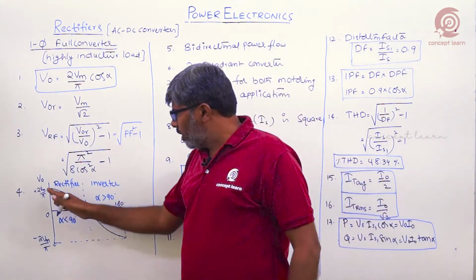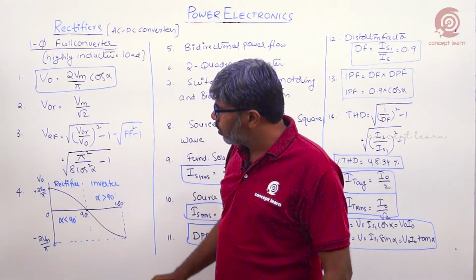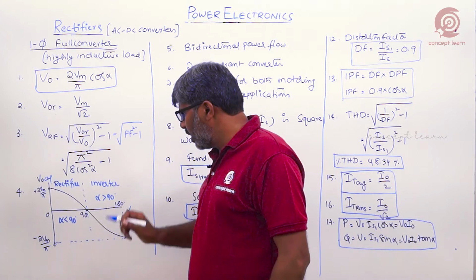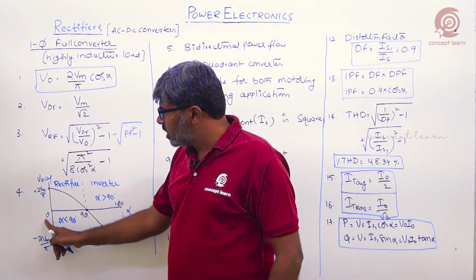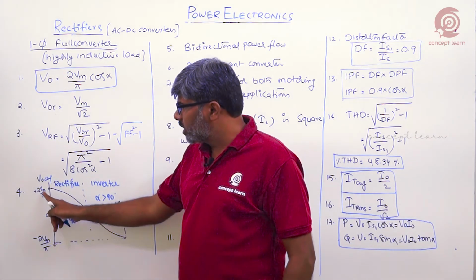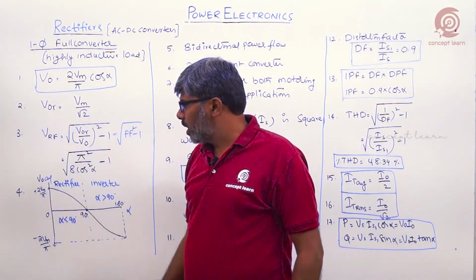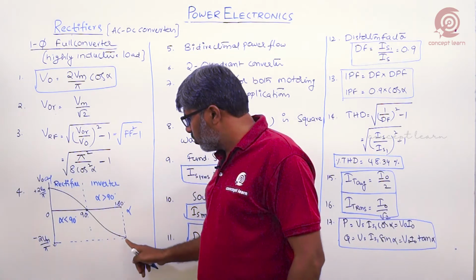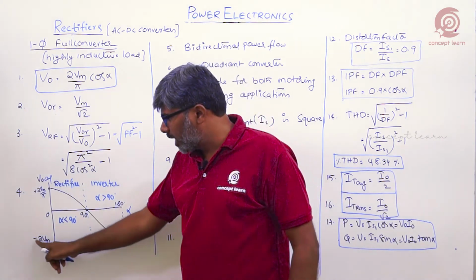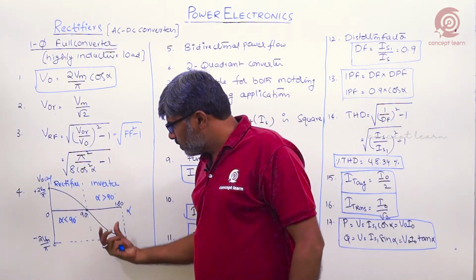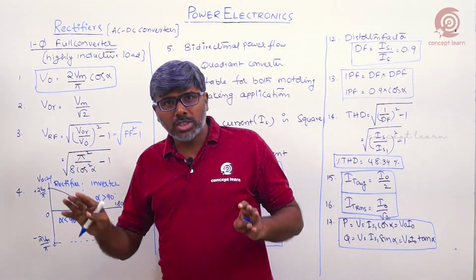Now observe the variation of the average output voltage with respect to the control angle. If the firing angle alpha is 0, the output voltage is maximum with positive value, plus 2 Vm by pi. It is 0 at 90 degrees and again maximum with negative value at 180 degrees. When you observe this variation, the load current is always constant.